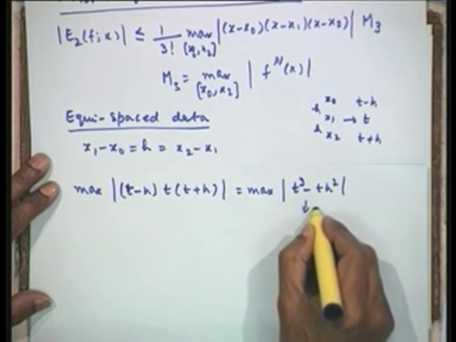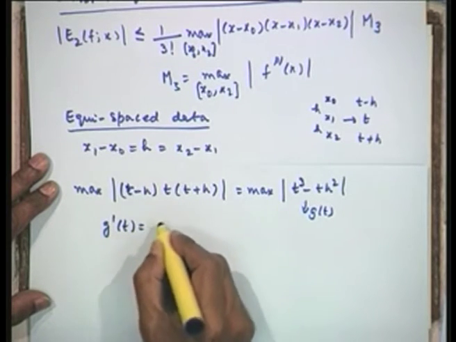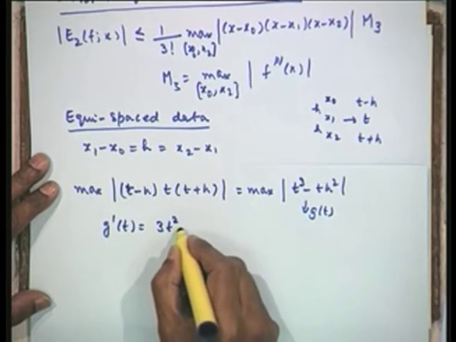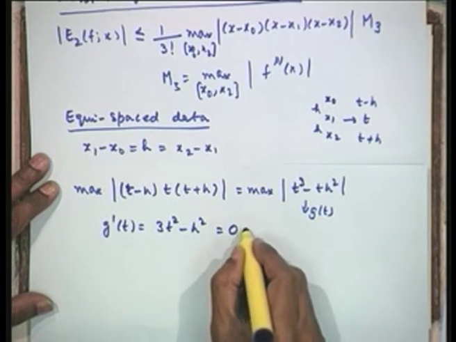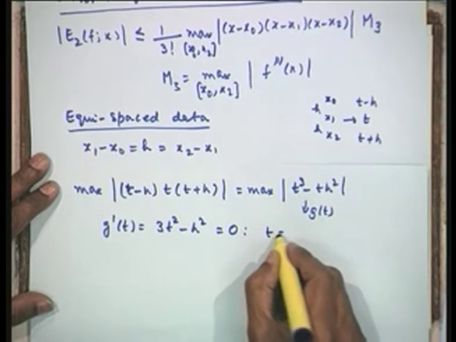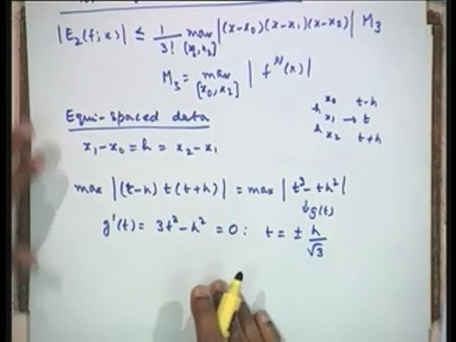Now let us call this g of t, so that I can find the derivative g dash of t, that is 3 t squared minus h squared. I set this to 0, therefore t is equal to plus or minus h upon root 3.